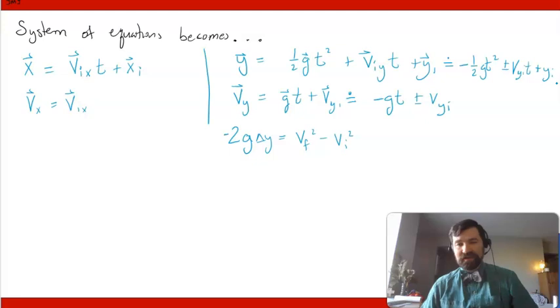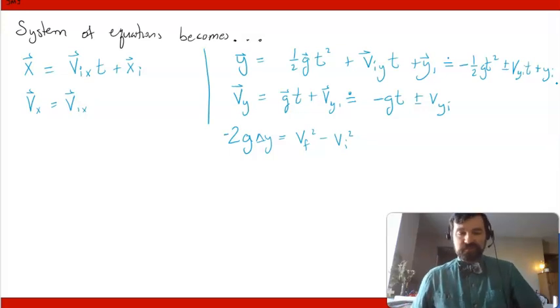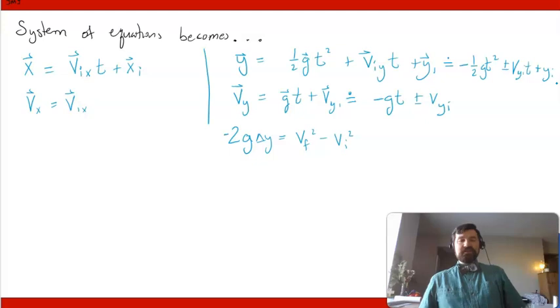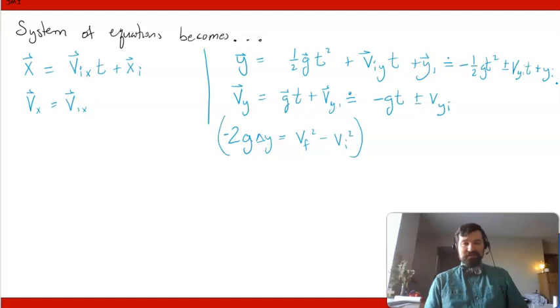This one's kind of the caveat of all these equations, because v final, whether it's positive or negative, ends up, when you square it, being positive. And v initial, whether it's positive or negative, ends up being also positive when you've squared it. So this equation I'm putting parenthetically because you kind of have to know what you're doing at this point to make it actually work out.